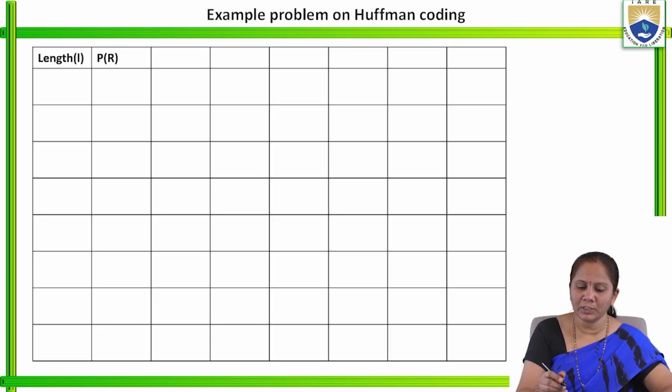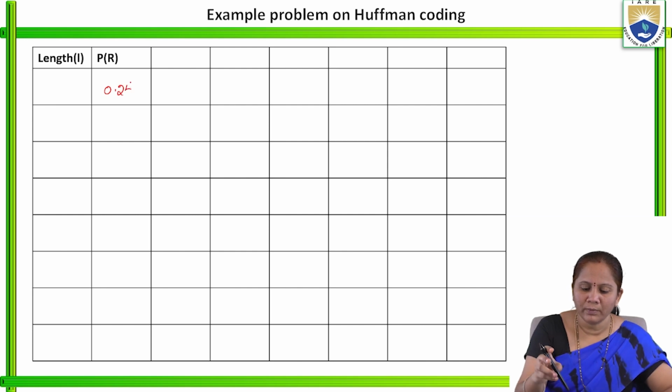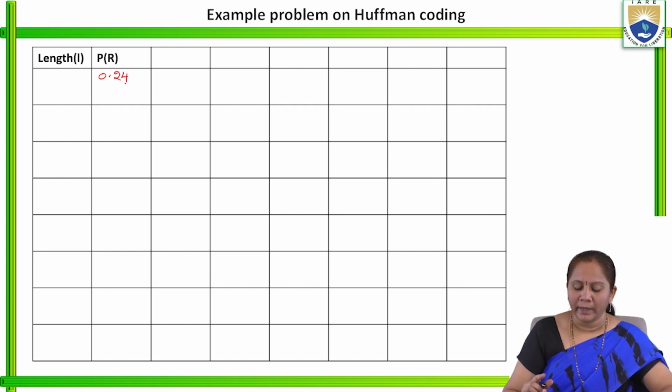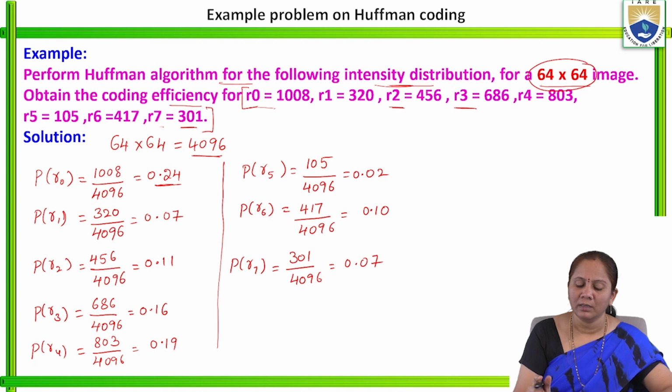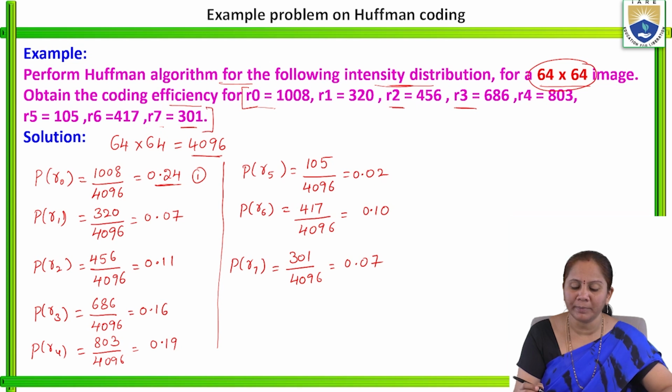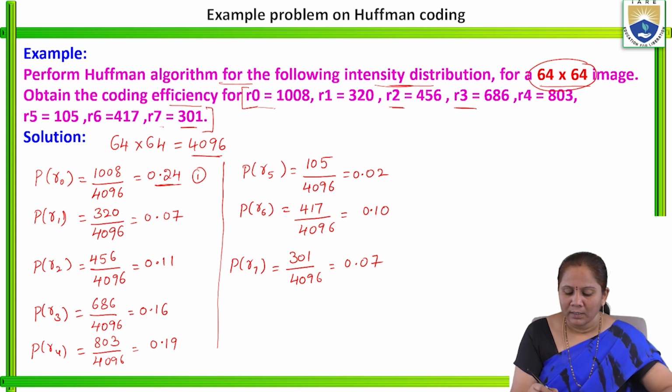So arrange it. The first one is 0.24. Among all these probabilities, after 0.24, the next highest probability is 0.19.